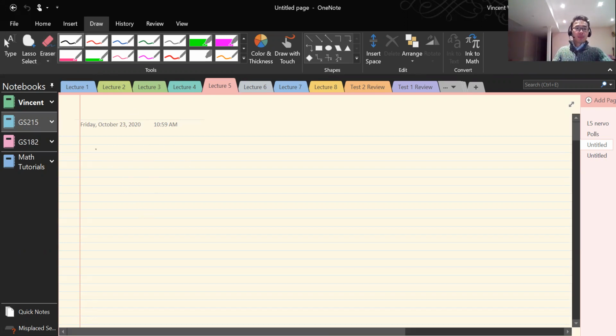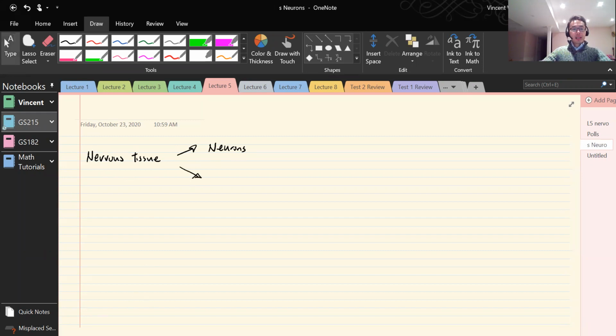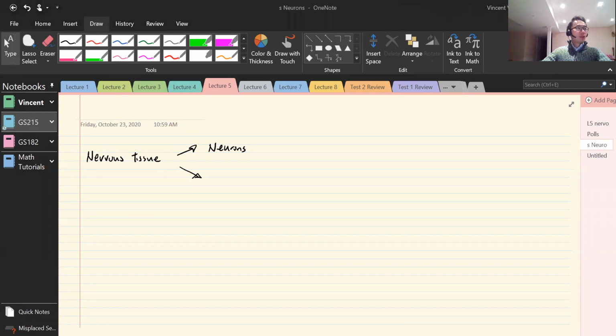Okay, so when it comes to nervous tissue, there will be the neurons, right? Neurons. And then there are also going to be cells that will be supporting the neurons. Does anybody know the name of the supporting cells that I'm talking about?